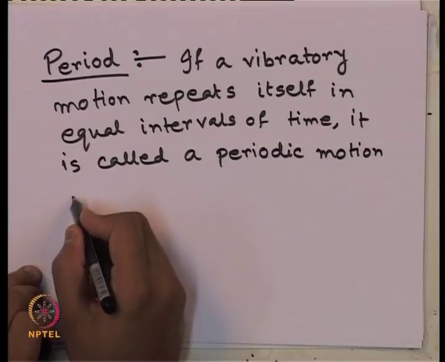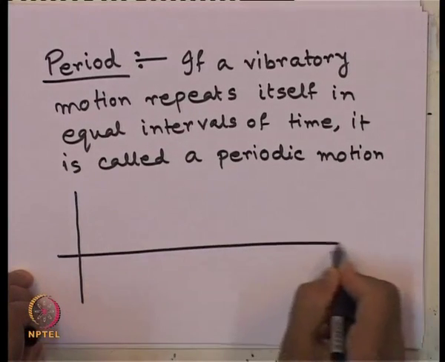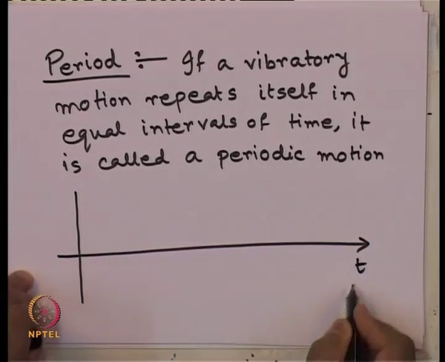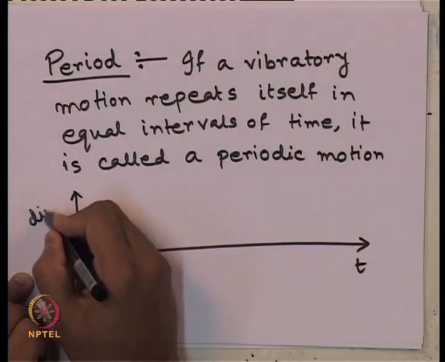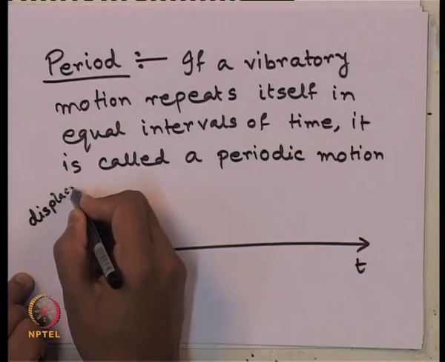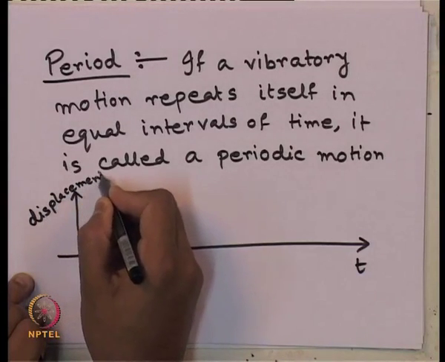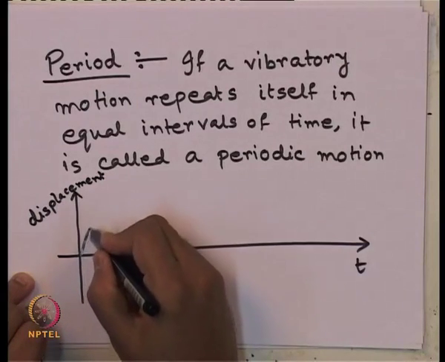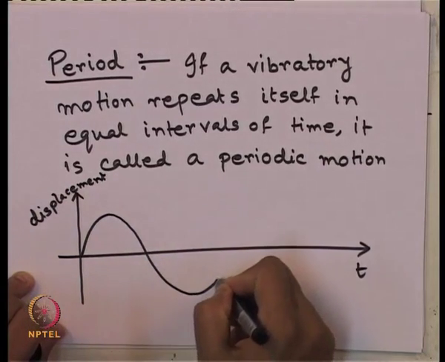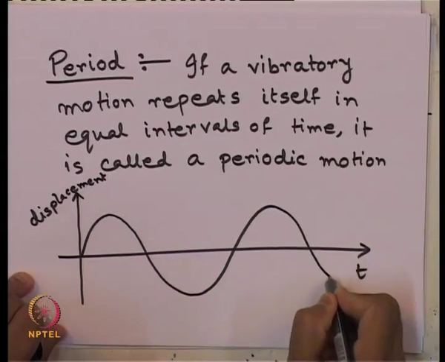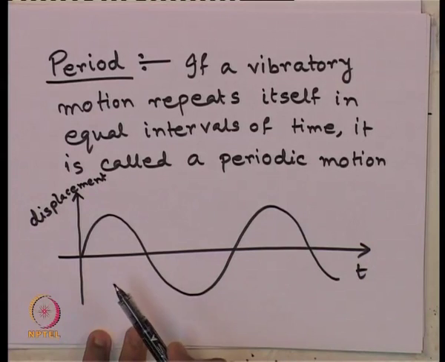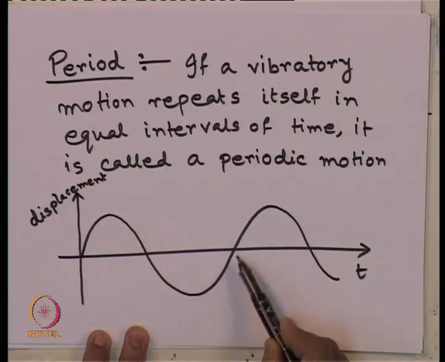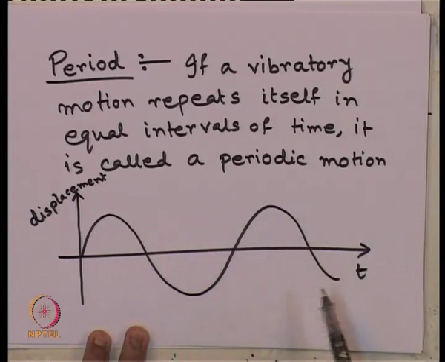So, with respect to time, suppose we are plotting the displacement of that vibrating body, and what it says is that this vibratory motion repeats its motion after equal intervals of time.